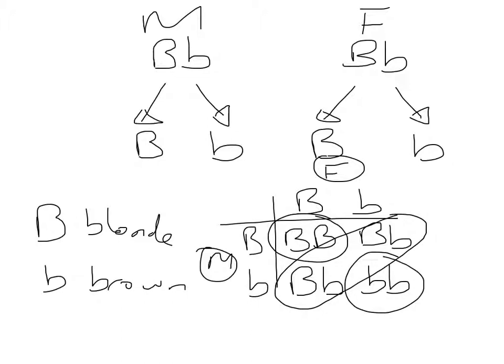Now, this offspring combination down here, little b, little b, is homozygous recessive. There are no dominant alleles present in this. It's just the lowercase b brown alleles. Because they're recessive, they're only shown if there's no dominant alleles present.